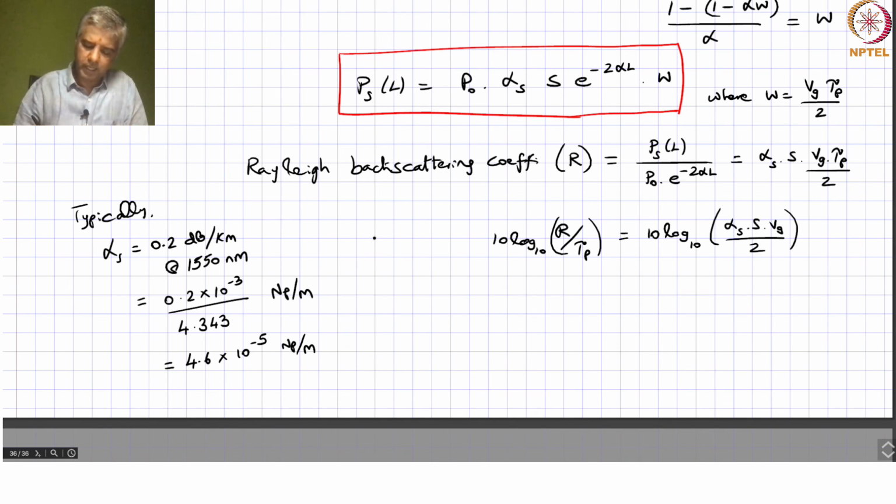Now what about the scattering capture coefficient?